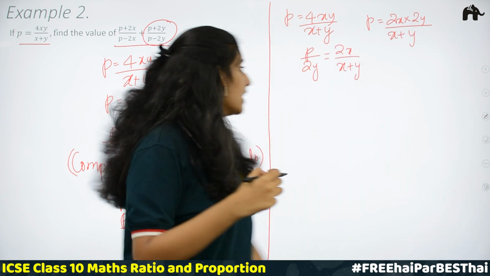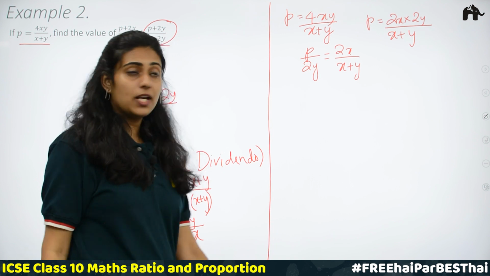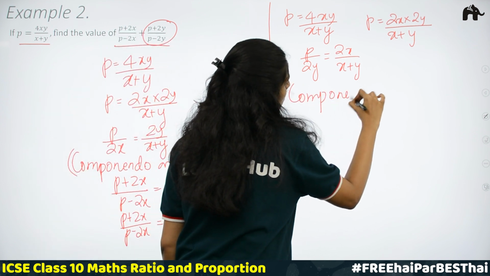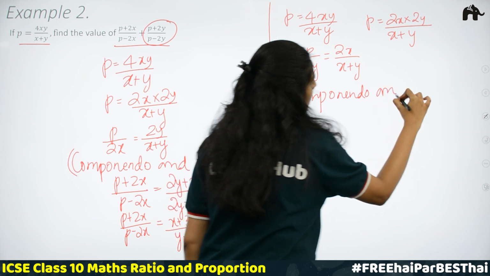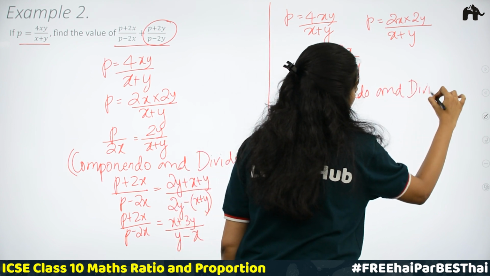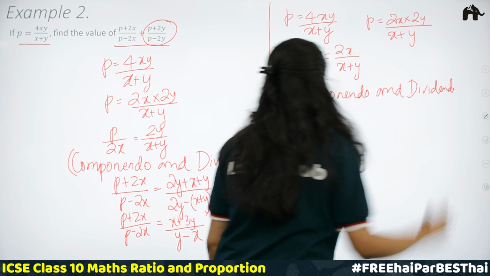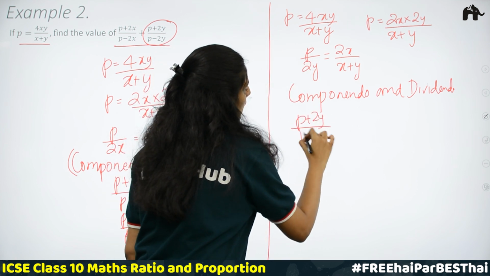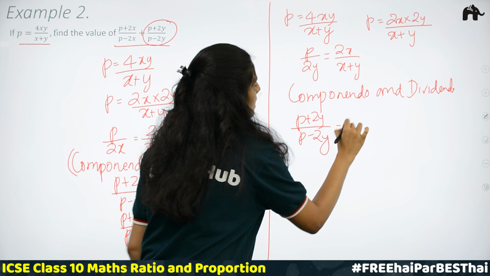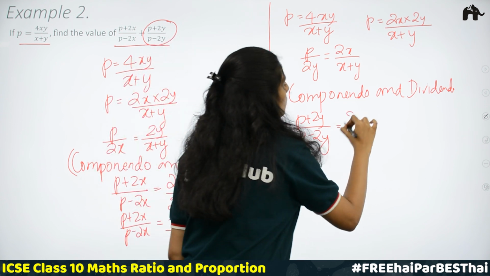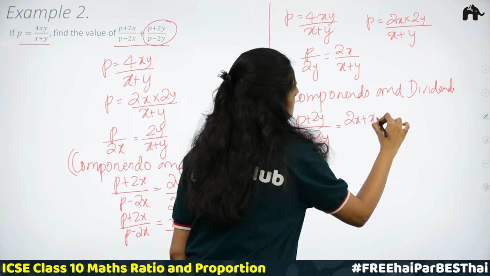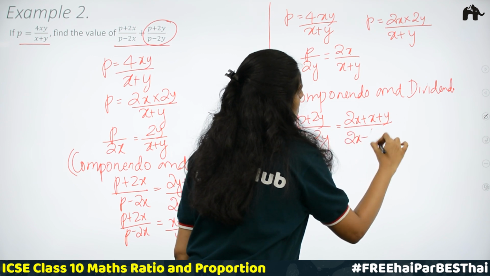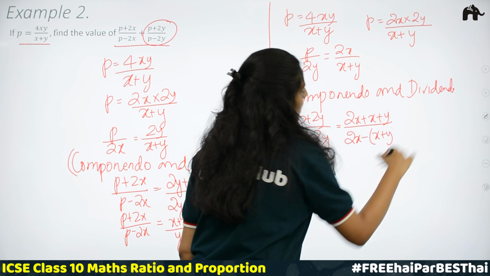Now applying the componendo and dividendo property, we get p plus 2y divided by p minus 2y is equal to 2x plus x plus y divided by 2x minus of x plus y.